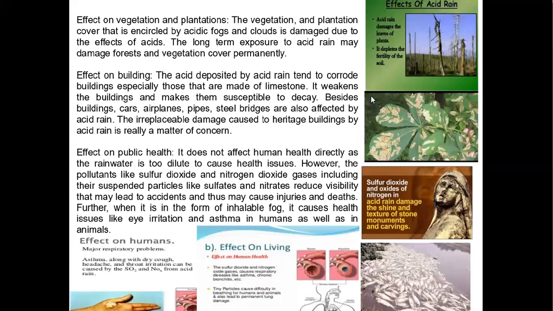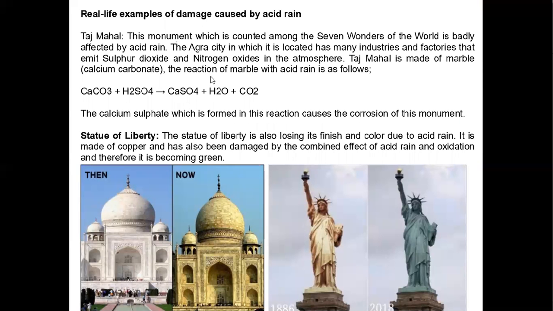You can see here several effects of acid rain on forest cover, on leaves, and also on some monuments. You can see how species in aquatic habitats die, and several other effects. It also affects our internal organs and skin. And here you can see how monuments are affected. The Taj Mahal is corroded by this acid rain.